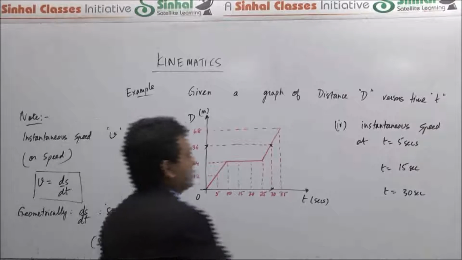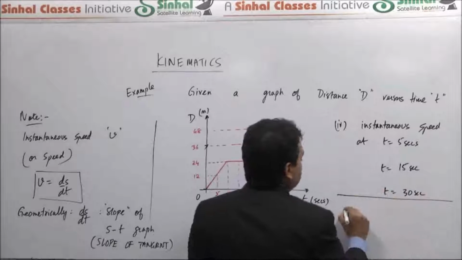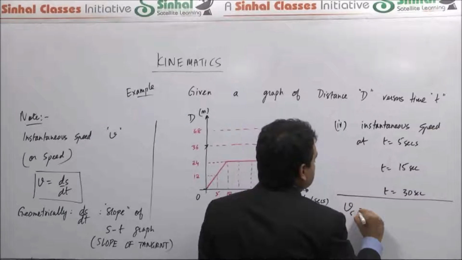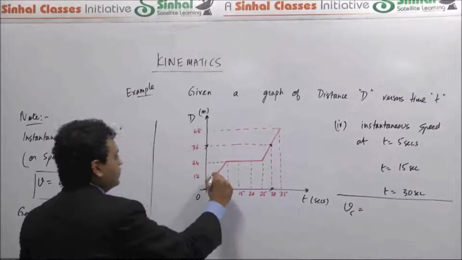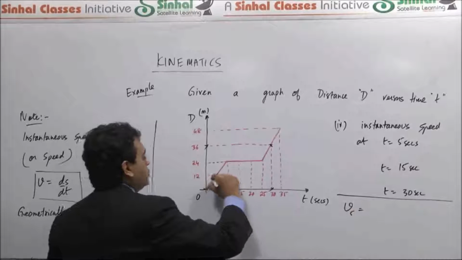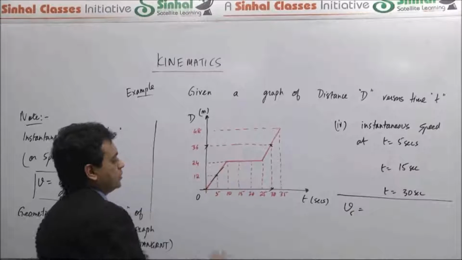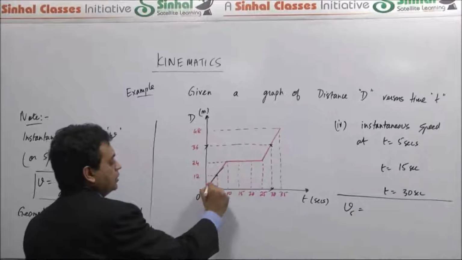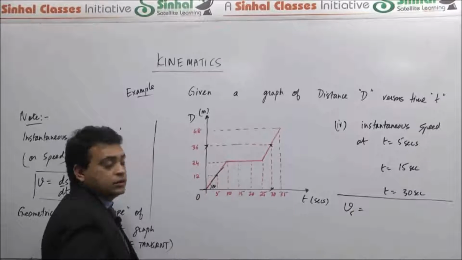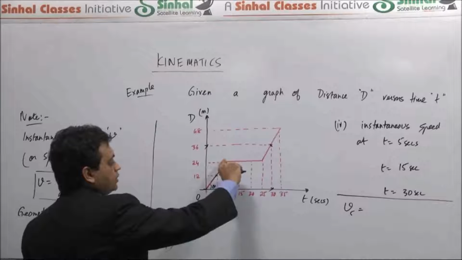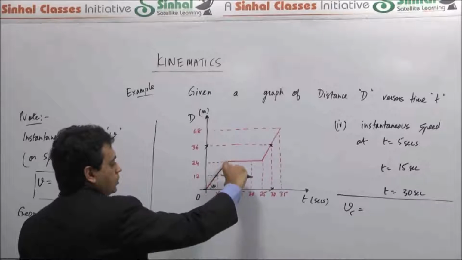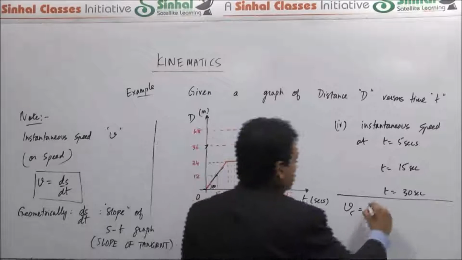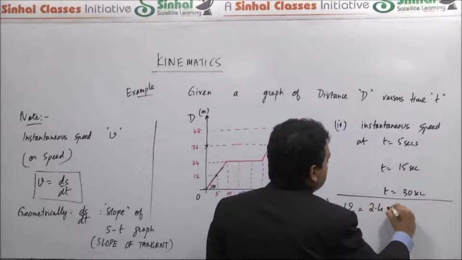So now coming back to this, you can see here that the speed at 5 seconds would be nothing but the slope of the graph at 5 seconds. It would be the slope of this line. The slope is basically tan theta for this one, right? Tan theta for this one is delta y by delta x, or 24 by 10, right? So that is 2.4 meters per second.